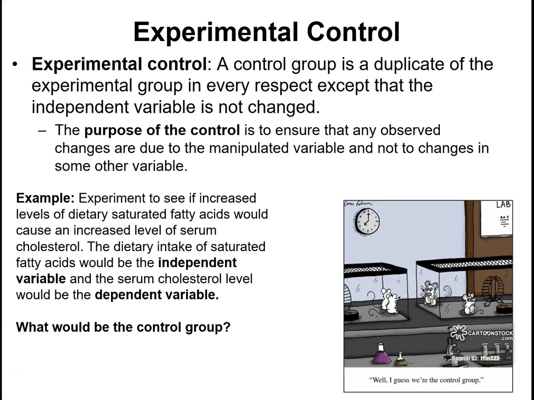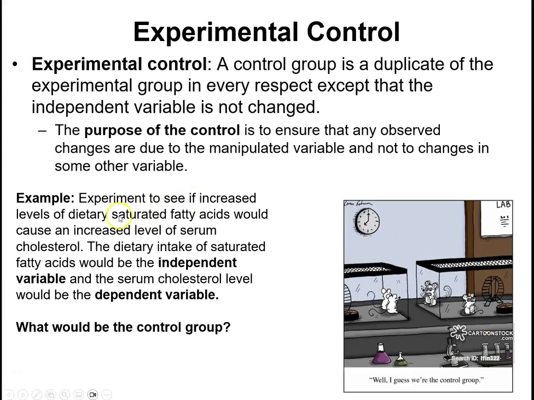And there are also controlled variables. So this is where, if you're measuring, again, that dietary level of saturated fatty acids, how it affects serum cholesterol, you want to make sure that these people are otherwise not changing their diet in any way. All right? You want to make sure that every other aspect of their diet is the same.